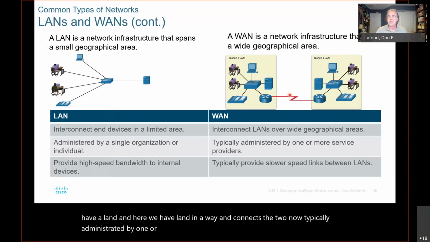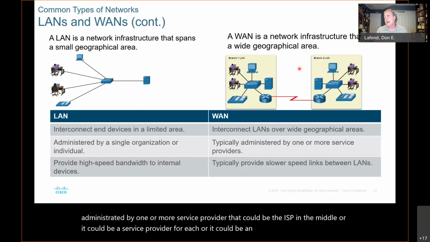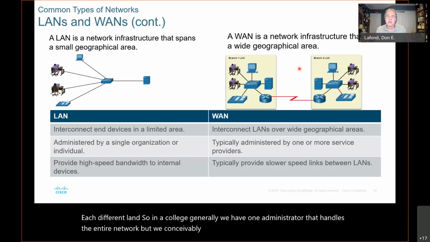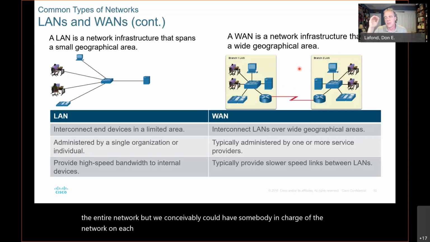That could be the ISP in the middle, or it could be a service provider for each, or it could be an administrator for each different LAN. So in a college, generally we have one administrator that handles the entire network, but we conceivably could have somebody in charge of the network on each campus, along with somebody over all of the campuses.